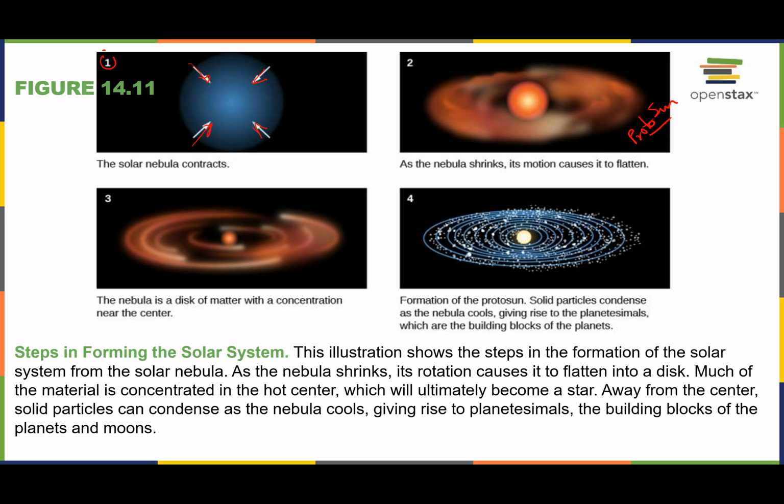If you watch these videos, they talk about early on, it was like vying for who's the biggest chunk, what's really going to be the planet in this particular orbit. And then here, formation of protosun, solid particles condensed, and the sun still hasn't turned on, but you can see the tracks of material coming together. I've heard a gravity thing, also an electrostatic thing, makes this snowball process work.